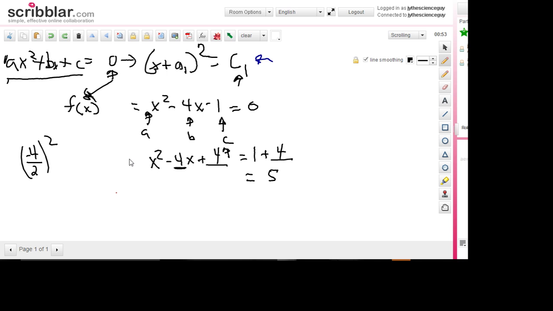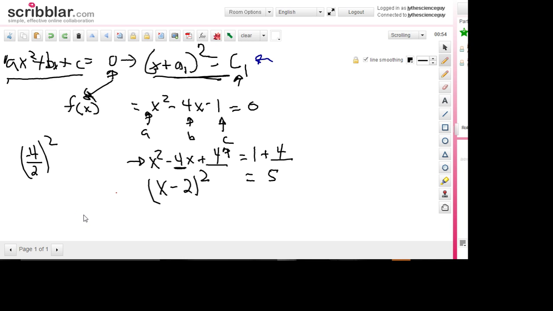And then this is now a perfect square. So if I take x minus, because the sign stays the same, and then I take the square root of the last term, that's 2, and I square it, then now I have the exact same setup as up here.